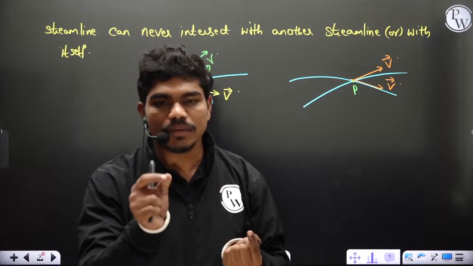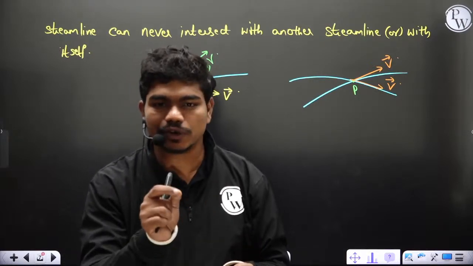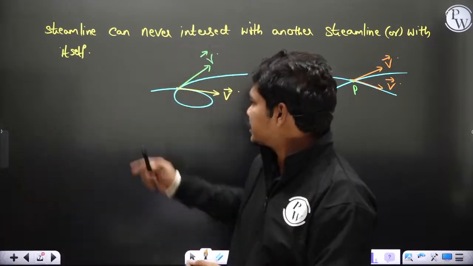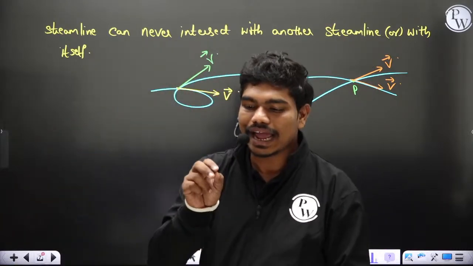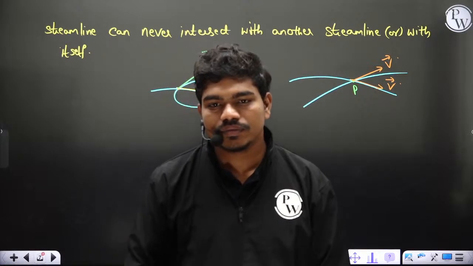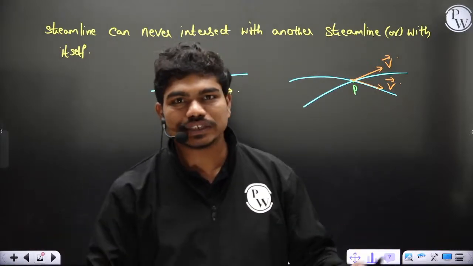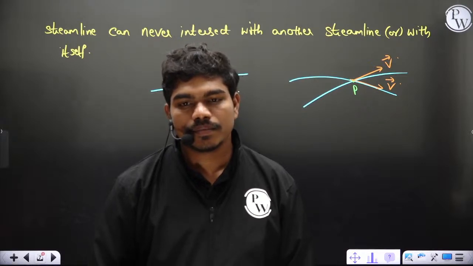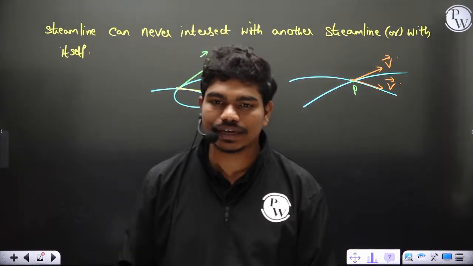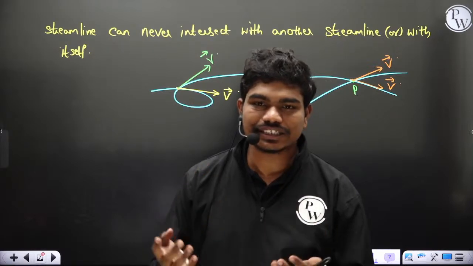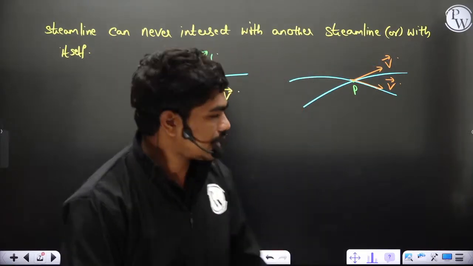So this tells you that a particle can have two velocities at the same time. Can a body have two different velocities at the same given time? It's not possible, correct? So that's why you can never see two streamlines getting intersected, okay, fine.